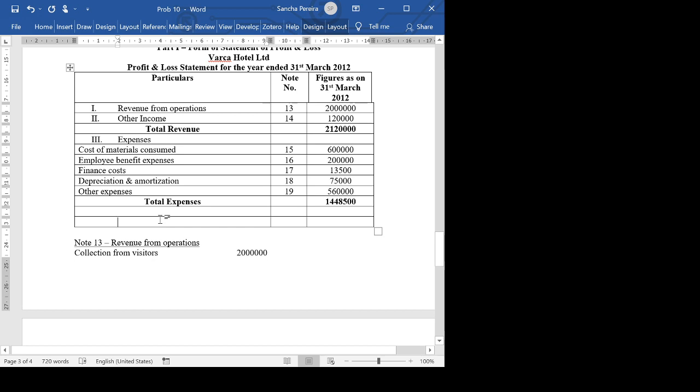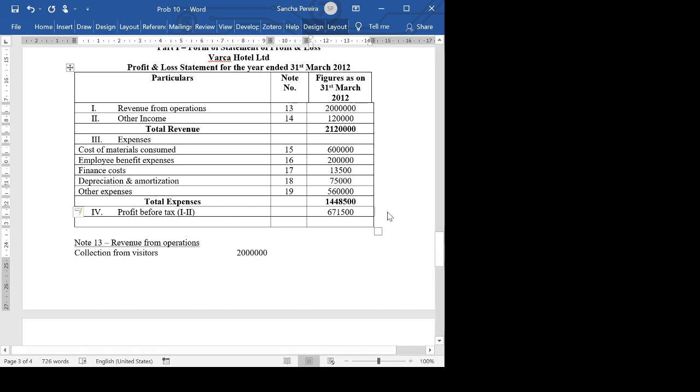We calculate profit before tax, which we didn't have in the other problem. Profit before tax is 1 minus 2, and that is 21 lakhs 20,000 minus 14 lakhs 48,500, which comes to 6,71,500.